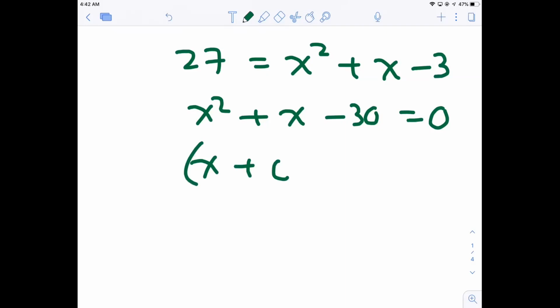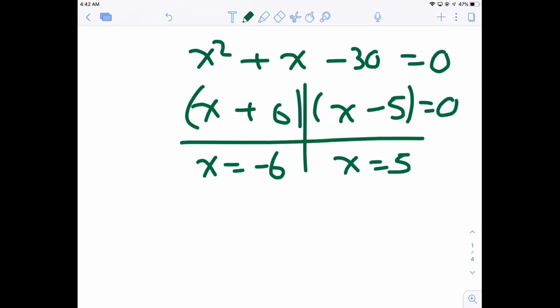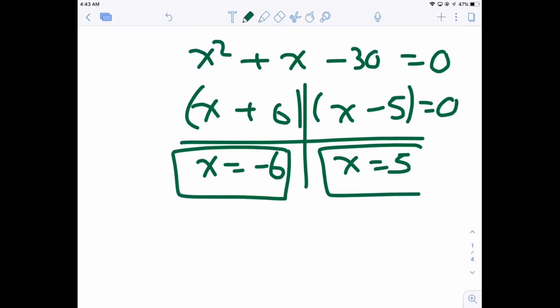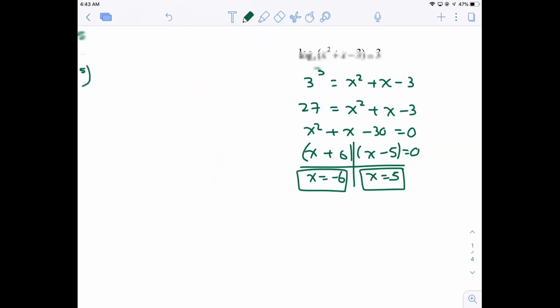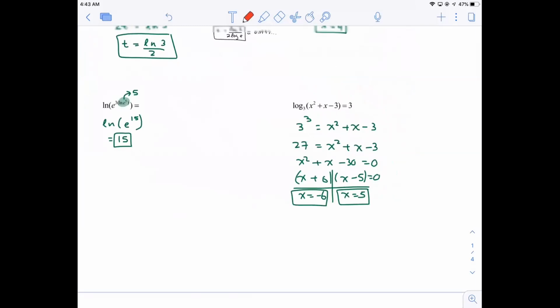And then plus 6 minus 5. And we get 2 solutions, x equals -6 and x equals 5. And let's box both answers in. But there's really something else I should be doing, which I'll talk about in a second.